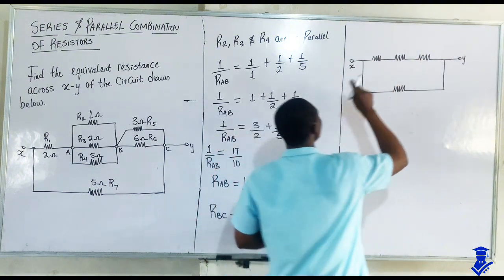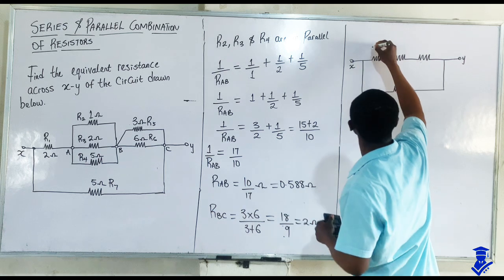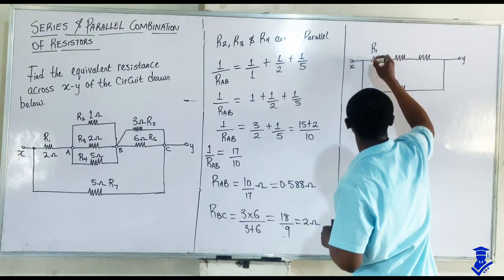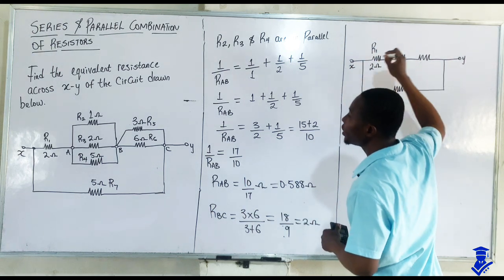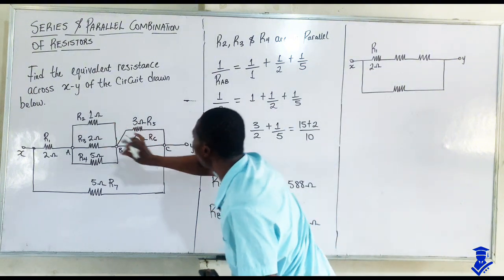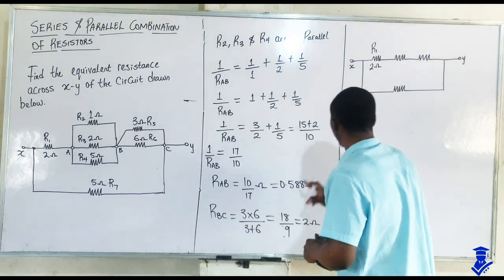All right. So this is the 2 ohms resistor R1 that was there before. The 2 ohms resistor.